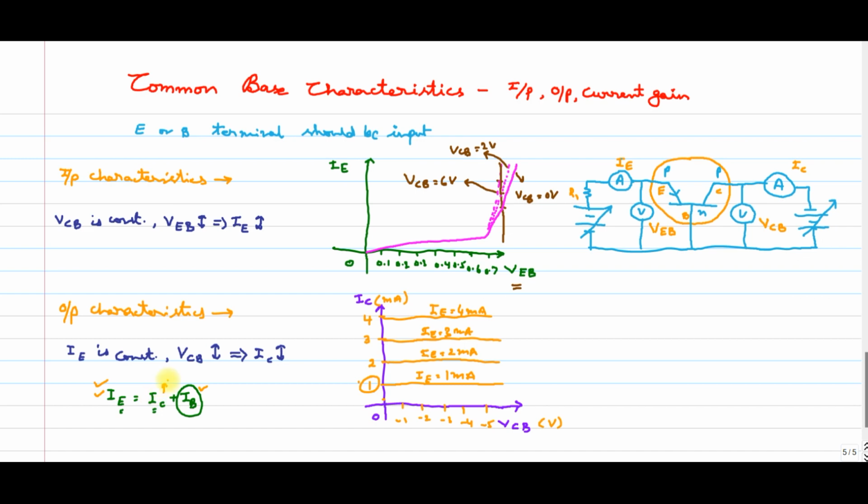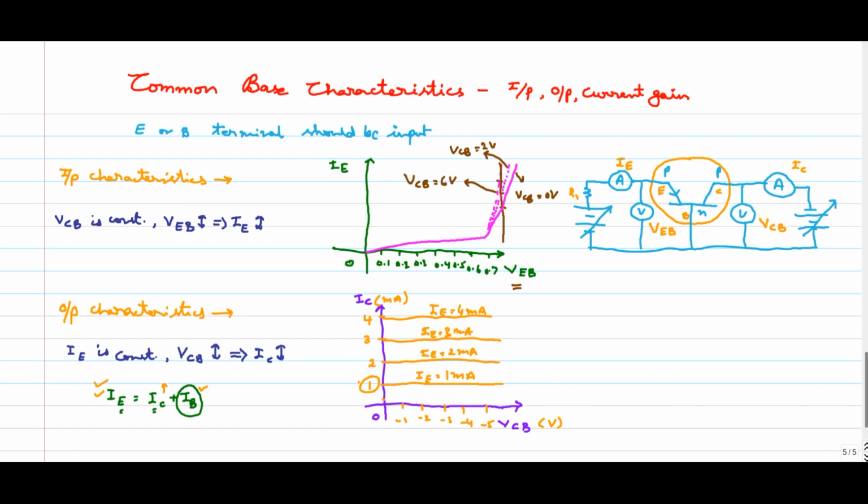So there is a little bit of increment in IC, even when compared to IE. This is called the early effect. But it is almost negligible if we use VCB in small steps. If you have a huge VCB change, then only we can recognize the change in IC when compared to IE. So this is the concept.